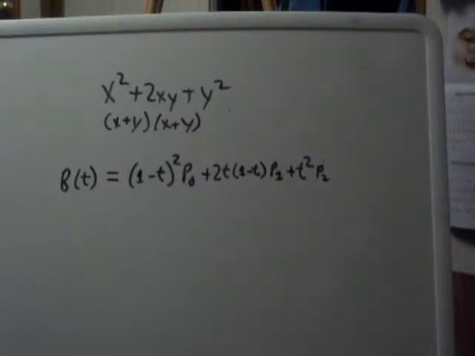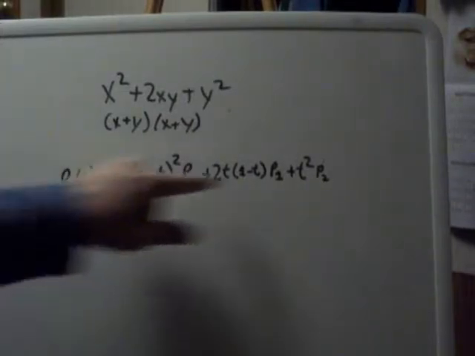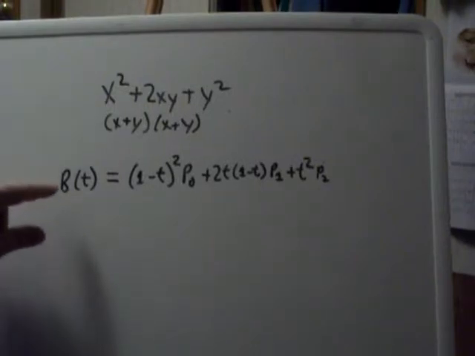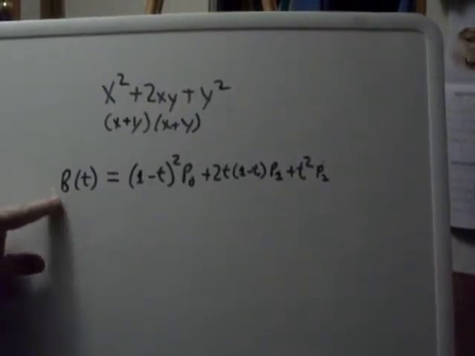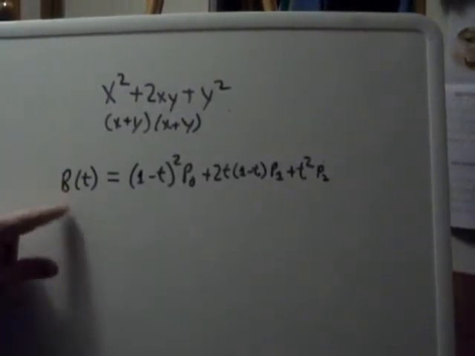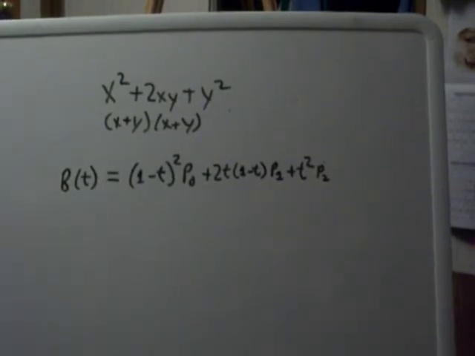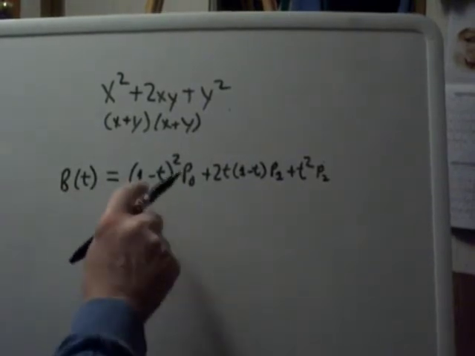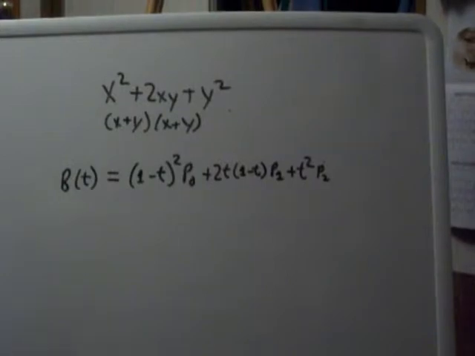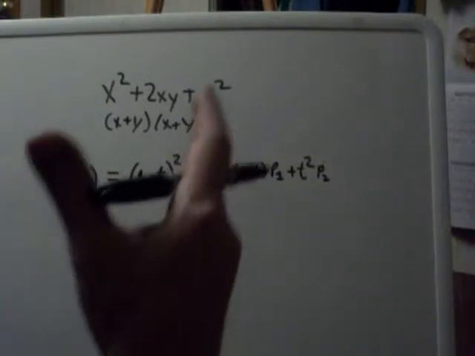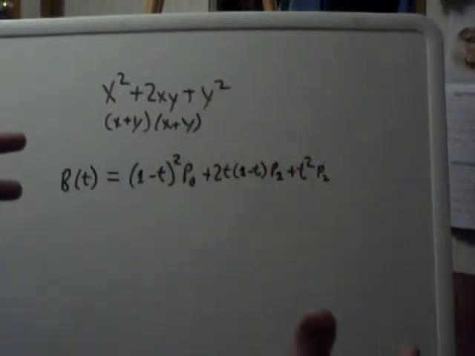Now then, let's take a look at this here. We have a function. This is the B of t. This is a function. Okay. Now we have terms. This is the 1 minus t squared. Now then, what is this P0? Okay, there are points on the lines on the web page that you are seeing right now.